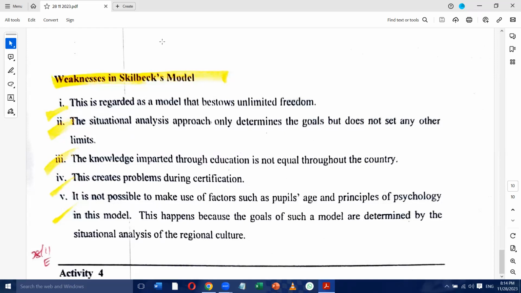We also saw the positives and negatives of different models, and if you are asked to adapt a model to Sri Lanka, you will come to a conclusion about which is best, or you can take this or that, or mix everything together.